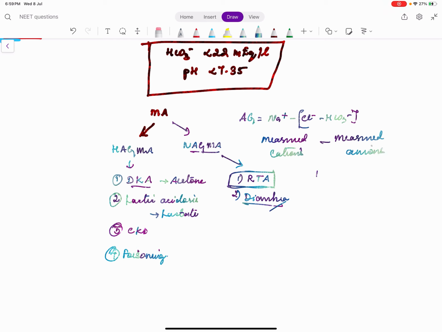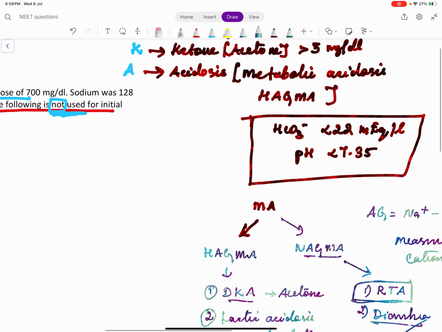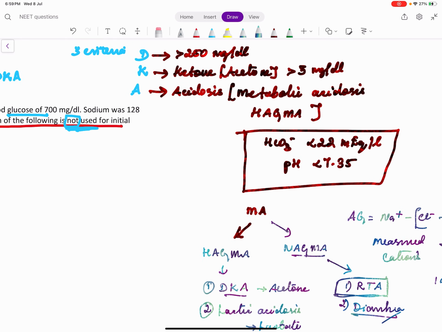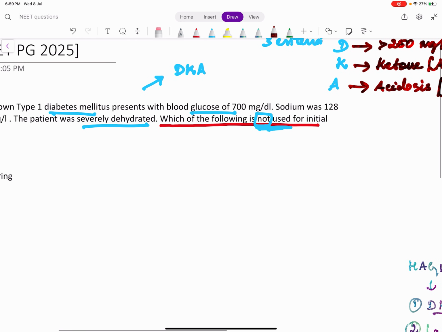The normal value is about 10 to 12. If it is more than 12, it is called high anion gap metabolic acidosis. So in DKA, to say acidosis, actually bicarbonate is less than 22, but the definition says in DKA less than 18 is enough to make a diagnosis. Okay, so DKA is one condition causing high anion gap metabolic acidosis.